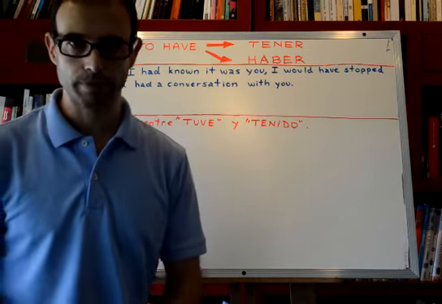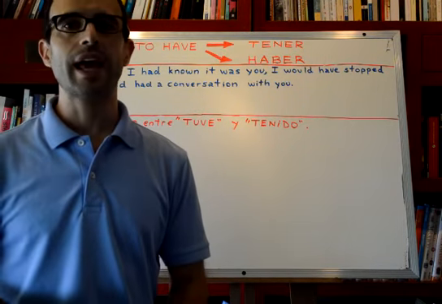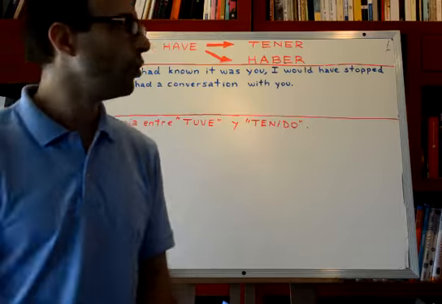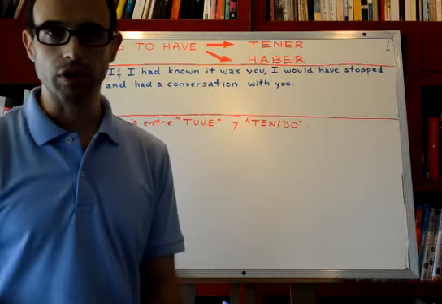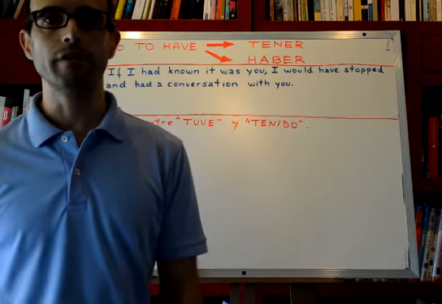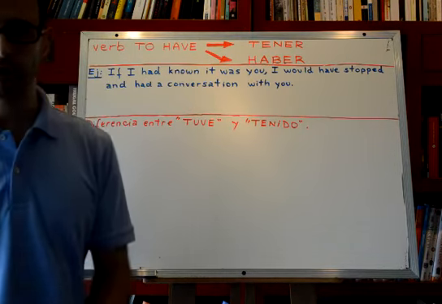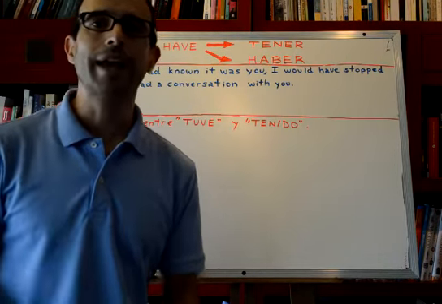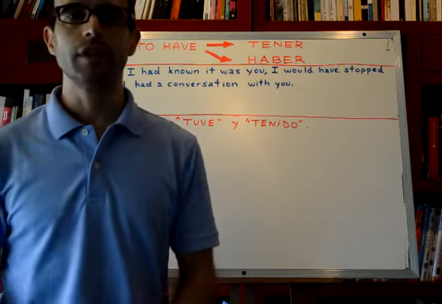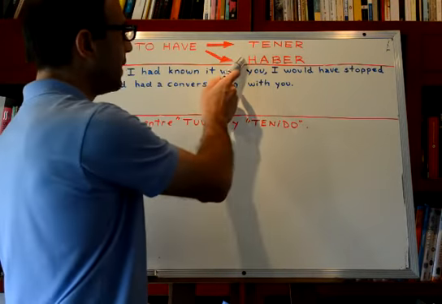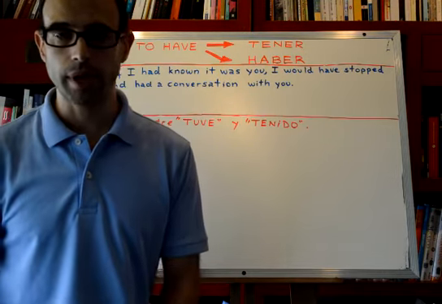For example, I have gone with you. Yo he ido contigo. I have run very fast. Yo he corrido muy rápido. If I had known. Si yo hubiese sabido. Okay?